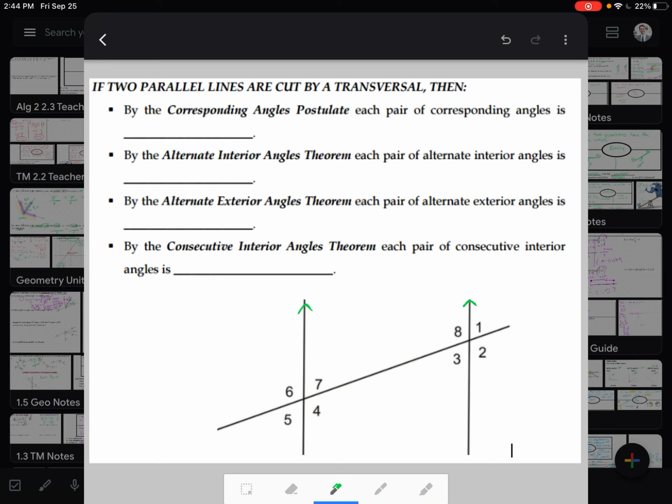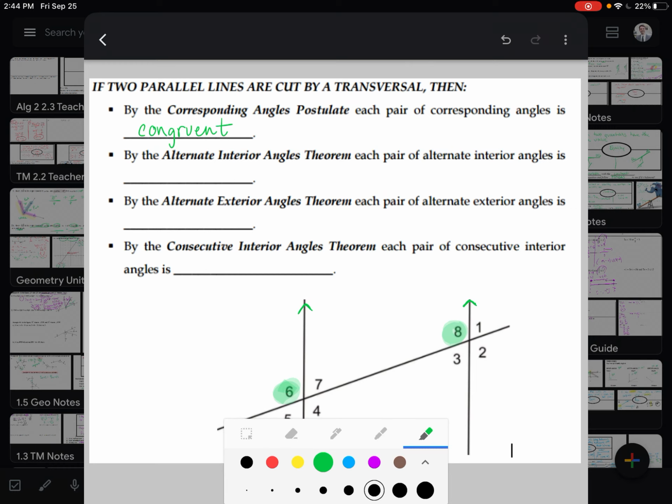So first, the corresponding angles postulate: each pair of corresponding angles is congruent. And that just means the same. Thinking back to our corresponding angle pairs, I'm going to highlight them, and I'll do them all in different colors. So 6 and 8, that's one pair of corresponding angles.